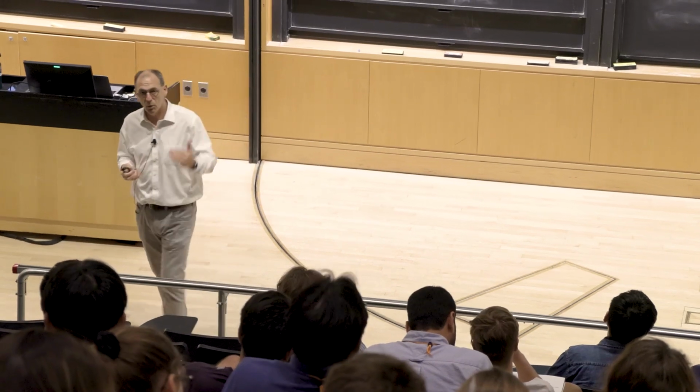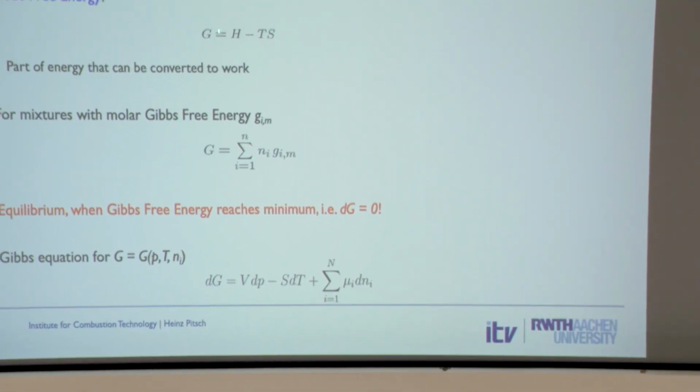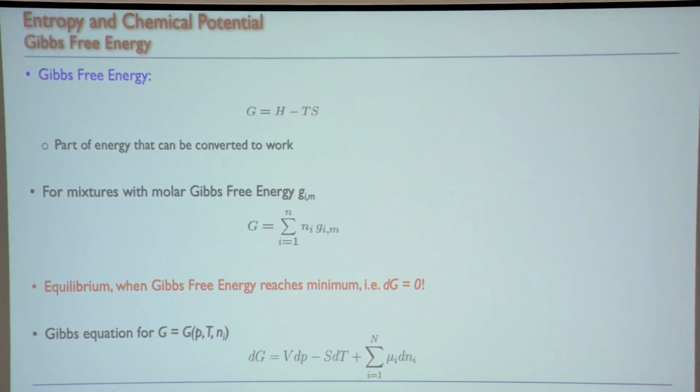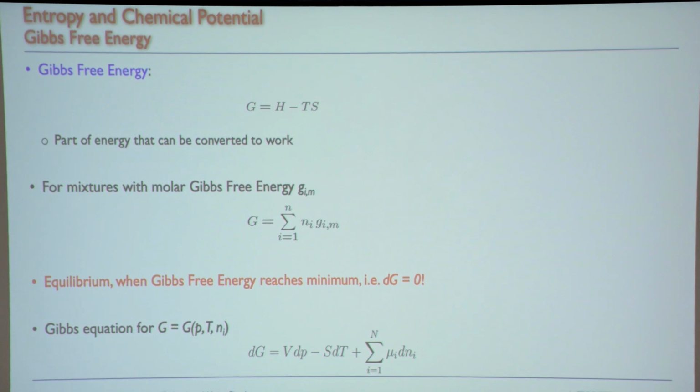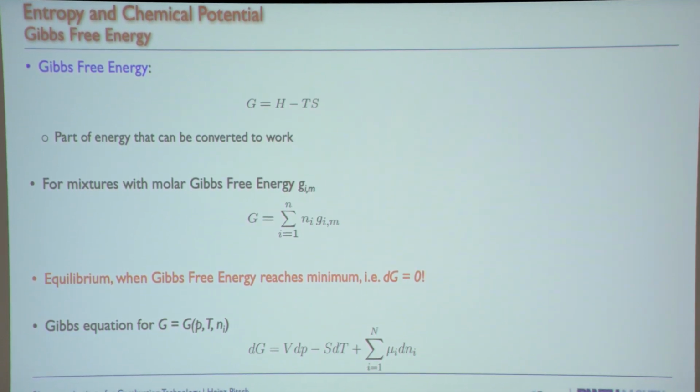H is the total enthalpy you have in the system, but you cannot convert the whole thing. According to the first law, you could take the whole H and convert it into work. According to the second law, you cannot, okay?